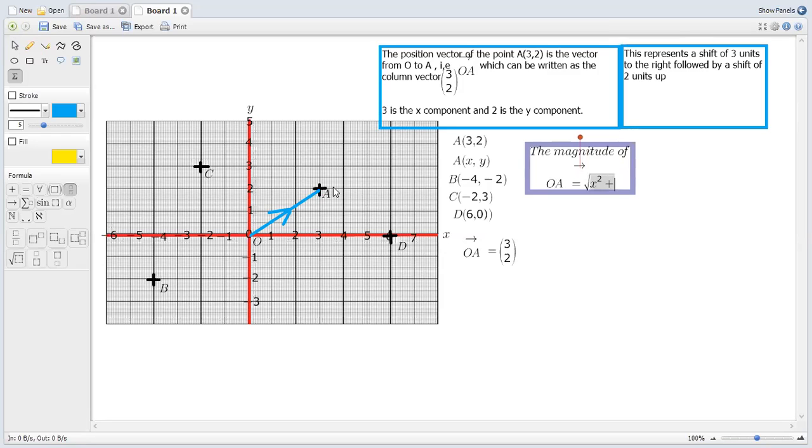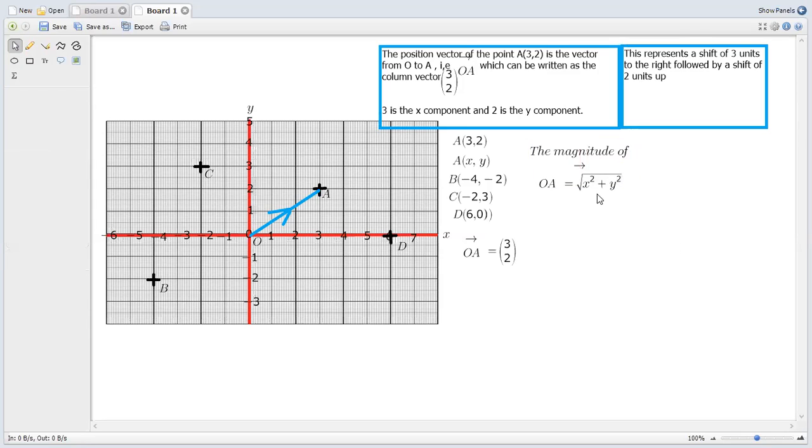That's how it's supposed to be. That's the formula to find the magnitude of the vector. This is the formula, right?